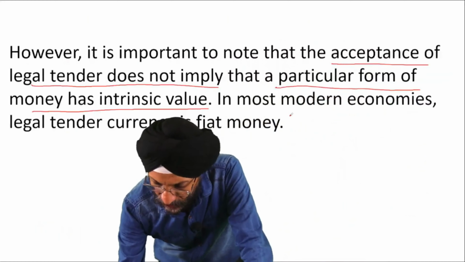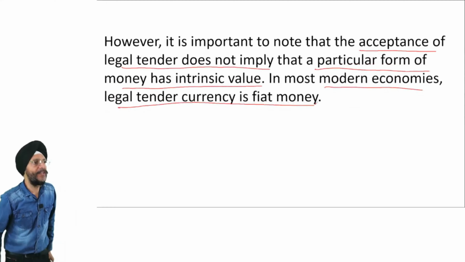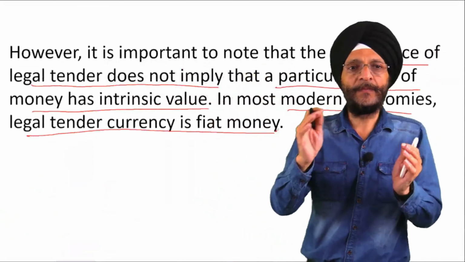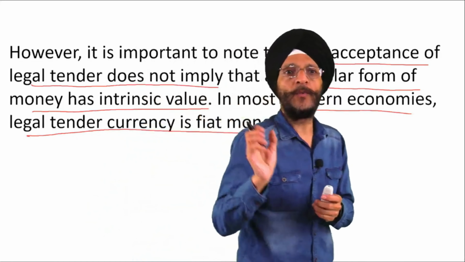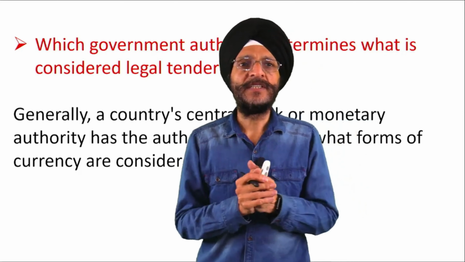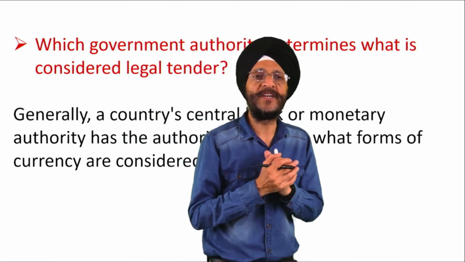In most modern economies, legal tender currency is fiat money. We have already discussed fiat money in detail. Fiat money means currency notes, coins, and the digital form of currency. Now the question is, which government authority determines what is considered legal tender?